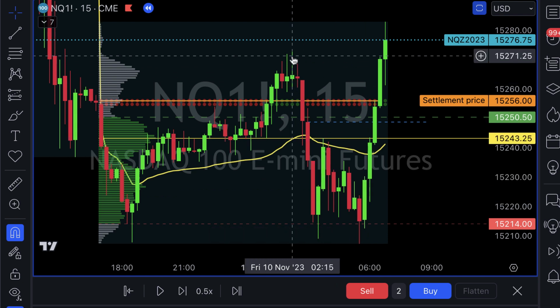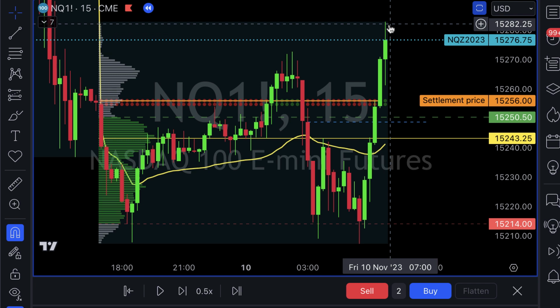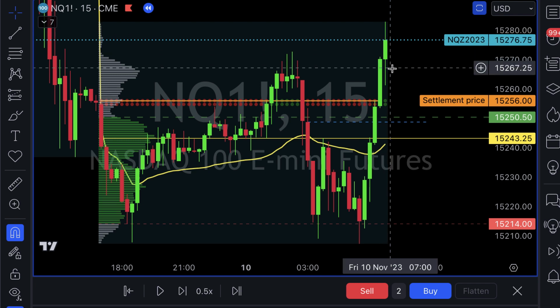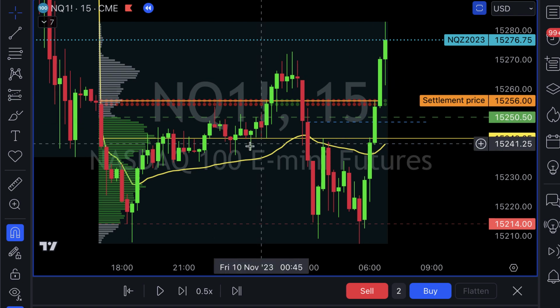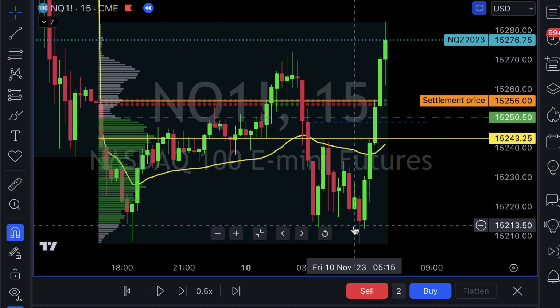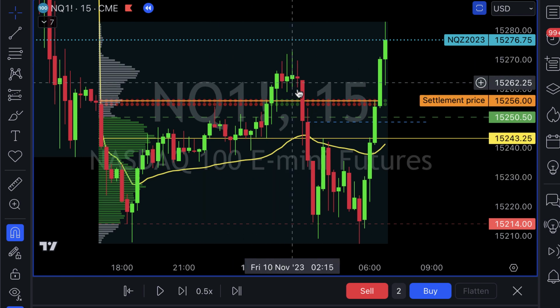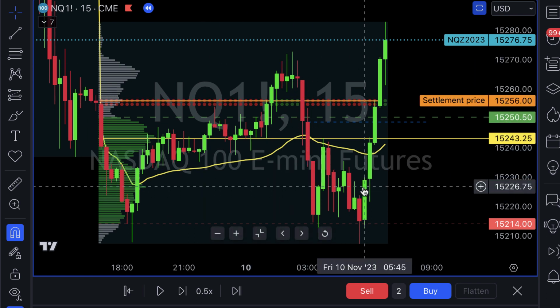Not only that, but the overnight high has already been traded through. That means we've got a trend day on our hands. And these are 15-minute candles, but that doesn't matter. A candle just does not matter yet in this whole concept.